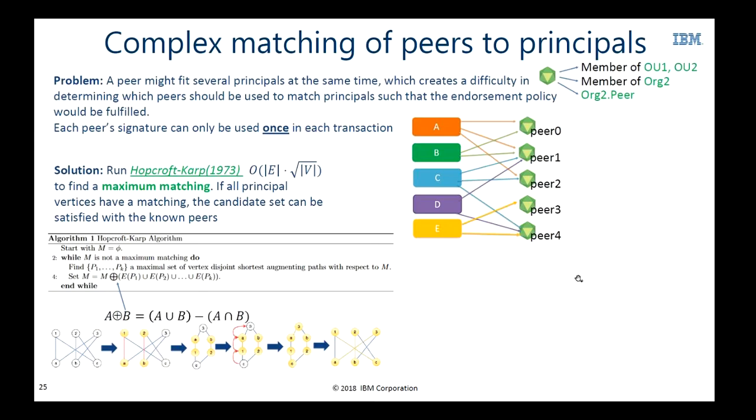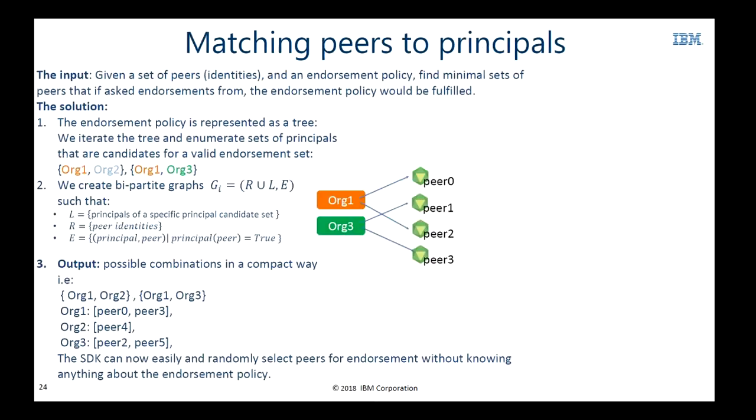Since we don't have much time, I'm not going to talk a lot about this slide, but basically the naive algorithm from the previous slide doesn't work in cases where we have a peer that satisfies 2 types of principals. Right now in Fabric, this is not the case, meaning there is no real actual sensible use case for that, because peers come from different organizations.